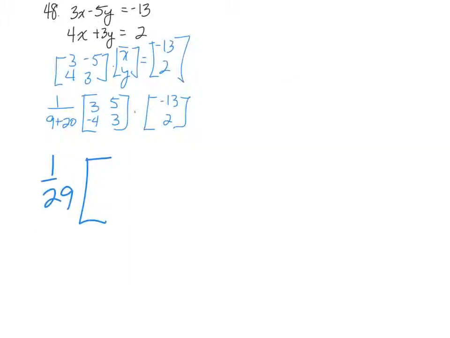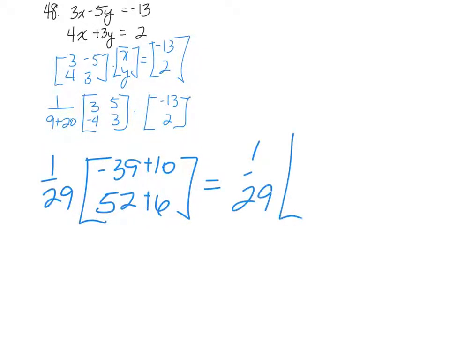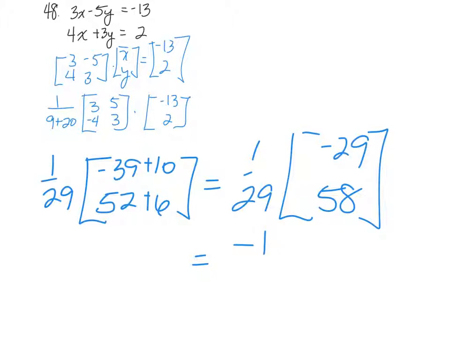Row by column, I've got -39 plus 10 and 52 plus 6. Hopefully they're multiples of 29. Okay, -29 and 58. Happily, I get -1 and 2. As an ordered pair, it's -1, 2.